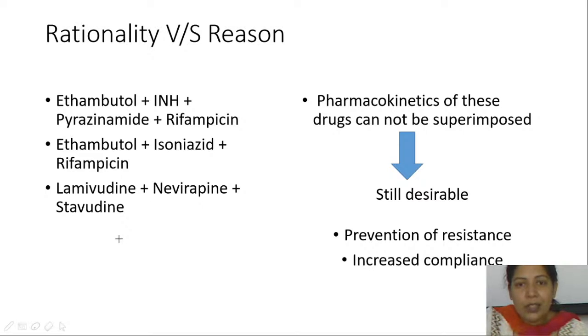To simplify the regimes and to prevent resistance, it is important to co-package these drugs, or where possible prepare FDCs in one pharmaceutical preparation, so that the regime is simplified, improving the compliance. So that's rationality versus reason. I've specifically taken examples of tuberculosis and HIV because these are nationally important diseases.